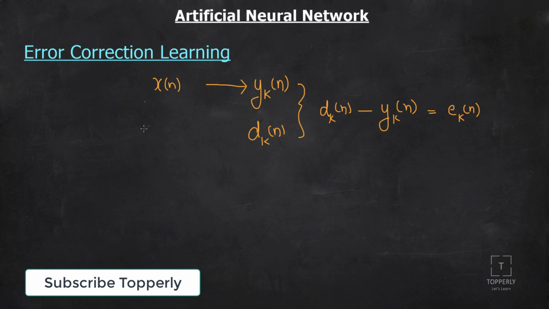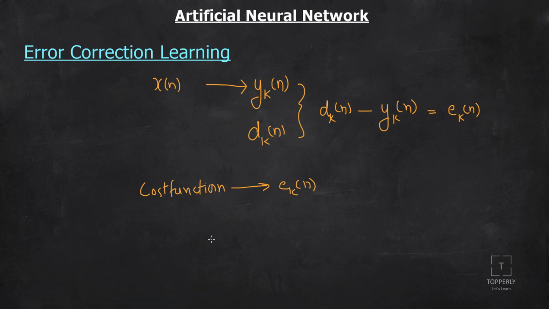Now, the ultimate purpose of error correction learning is to minimize some cost function based on ek(n). There are a lot of cost functions used in this learning based on the environment, inputs, etc. And one of the most common types of cost function is the mean square error criterion, which is defined as E(n) equal to half sigma ek squared(n).